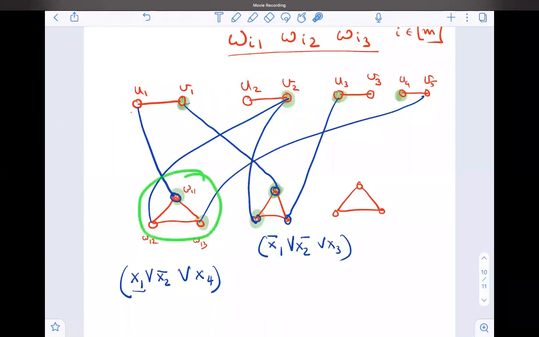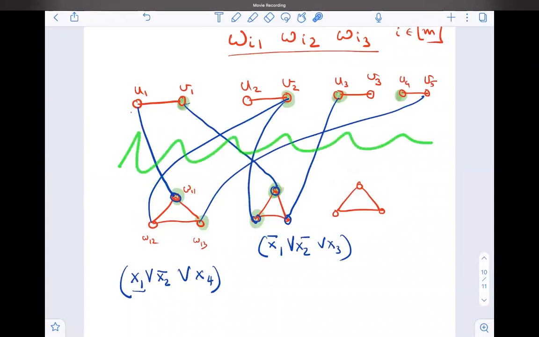In every clause triangle, two of them are picked, so all the triangle elements are done. And what about the edges going across? They have to be covered because, for every single triangle, at least one vertex was already saturated by the top assignment.